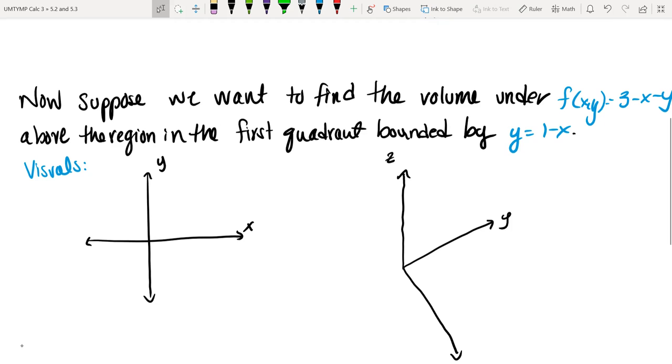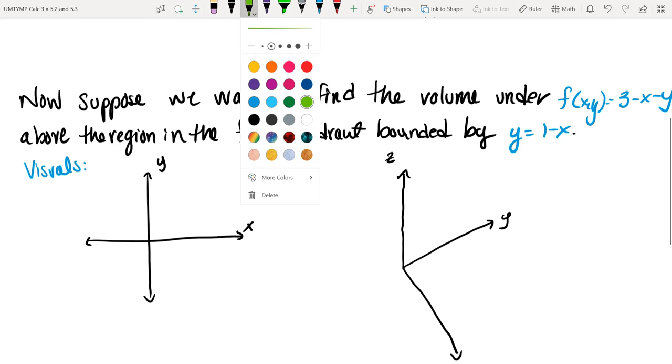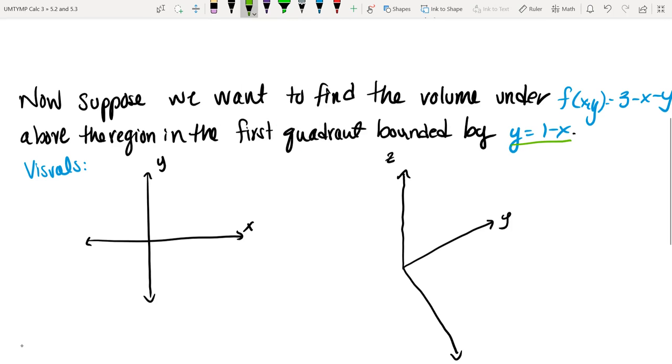If we look in the xy plane only, we're bounded by this line. If we rearrange that, x plus y is 1, and when we graph that, we end up getting this region from 1 to 1 here, and we're looking at all this space in here as our region that we're integrating on.